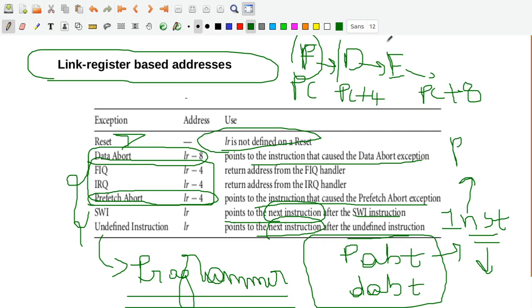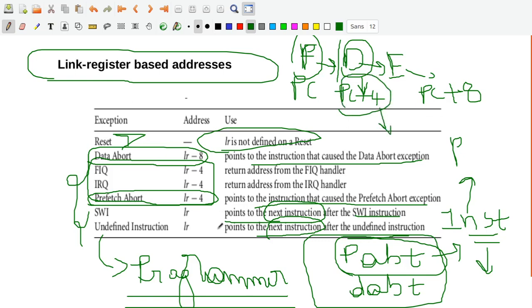So at the entrance of the decoding stage you have PC plus 4. When an instruction memory access violation happens and the processor comes to know about it, the prefetch abort exception is thrown. At that time the PC would have been incremented by 4, that is PC plus 4.